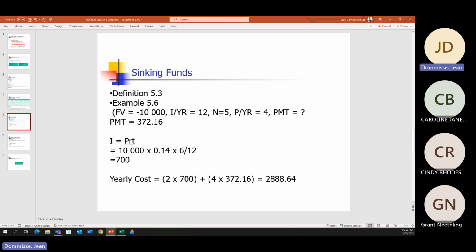So sinking funds, what you need to do in sinking funds is again very similar to things that we've done in amortization. You would work out in this instance two portions.